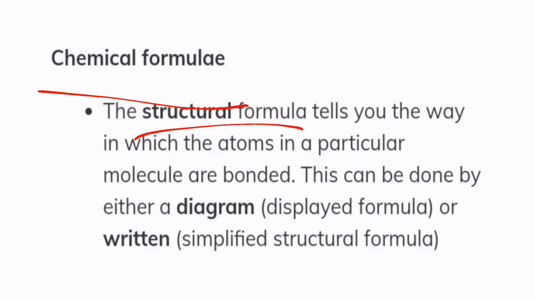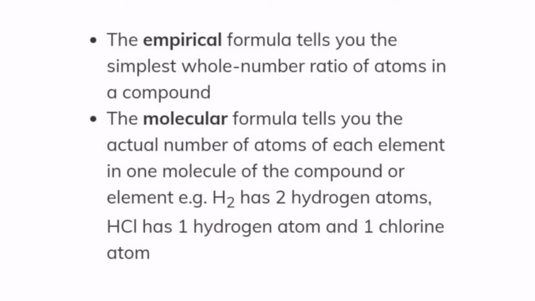This can be done by either a diagram or a displayed formula, or we can use a written simplified structural formula. So we can use a diagram, or we can use the symbols, which is the simplified structural formula. We still call them both structural formula. Let's look at an example of those structural formulas.